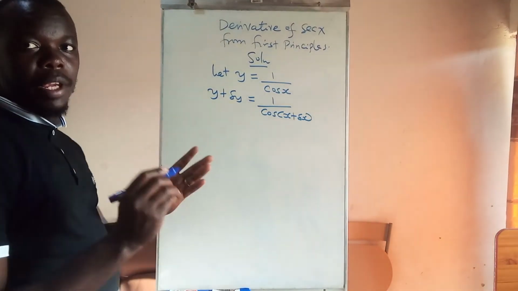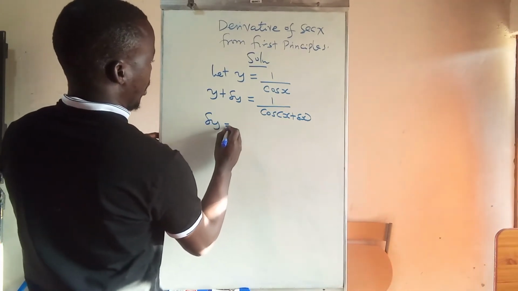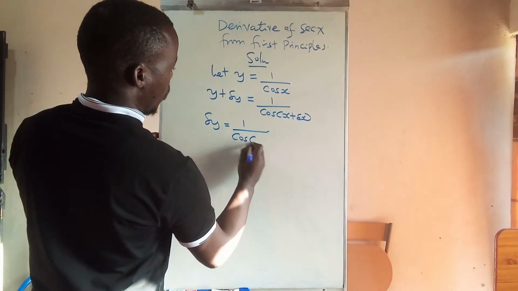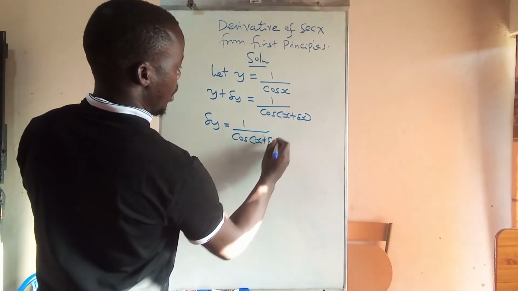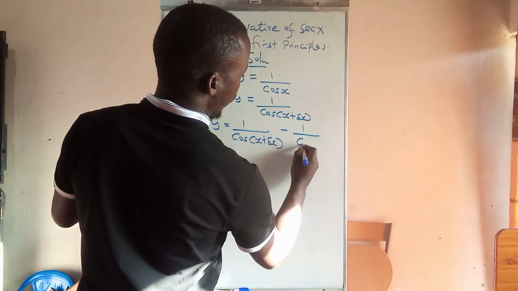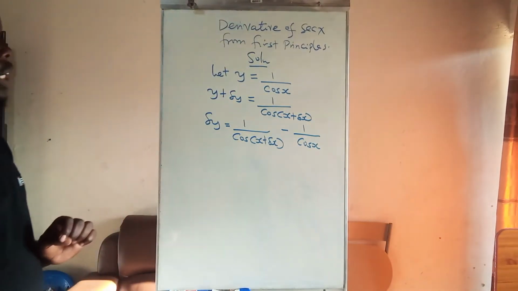Then the next step is to make delta y the subject, and if delta y is made the subject, it becomes 1 divided by cos of x plus delta x, minus 1 over cos x.